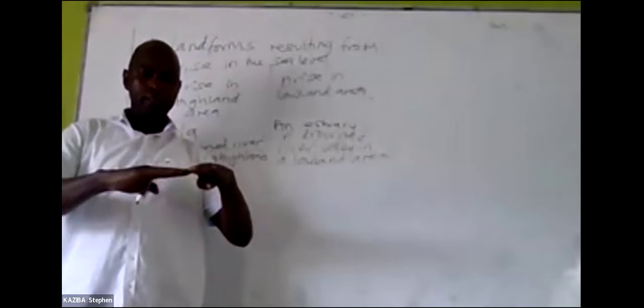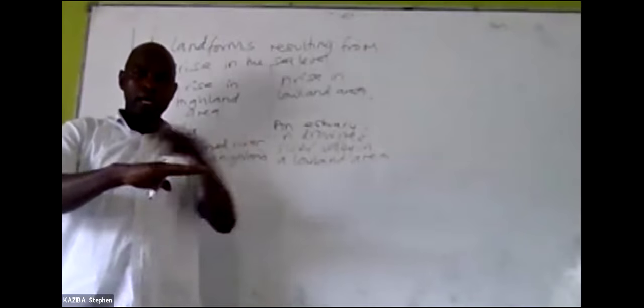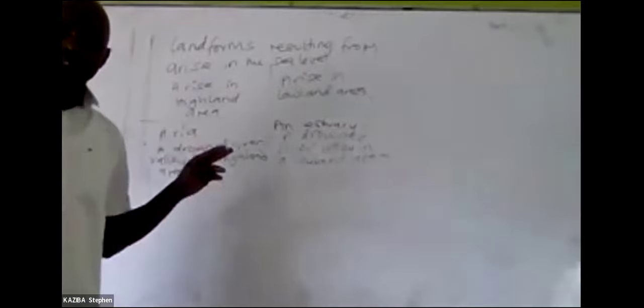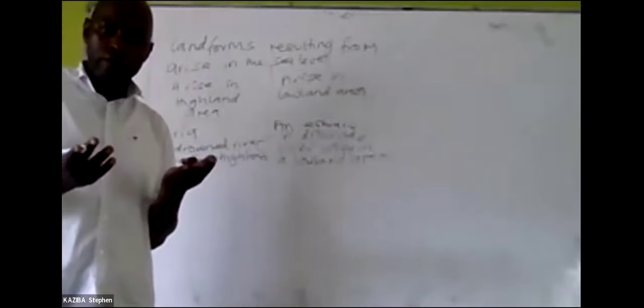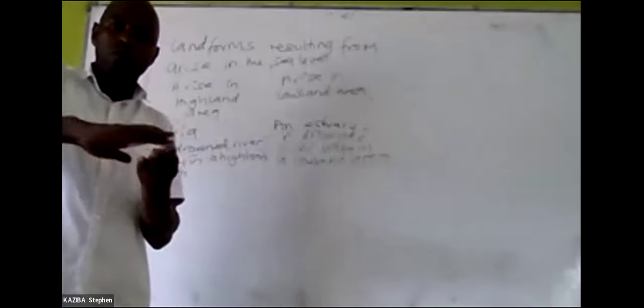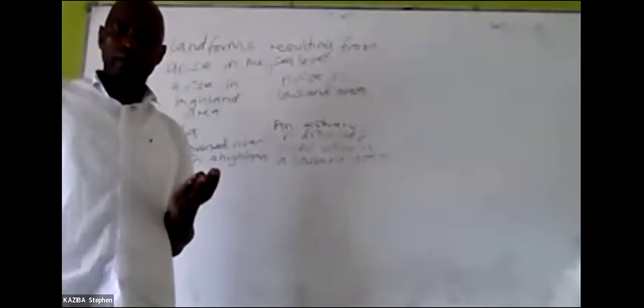So this one is where you have a river entering the sea. Then what happens? The sea level rises. Then the water enters the mouth of the river. So when you explain the formation, you say a ria is formed due to a rise in the level of the sea, and it drowns the mouth of the river in a highland area.